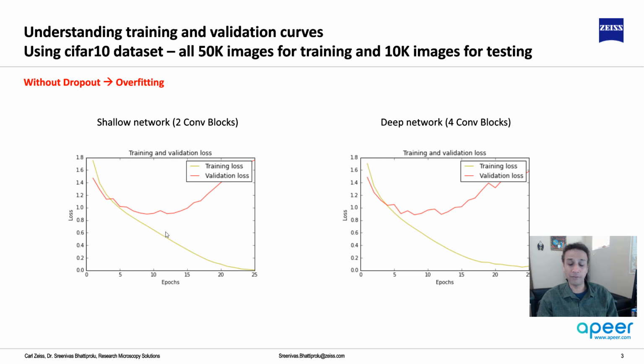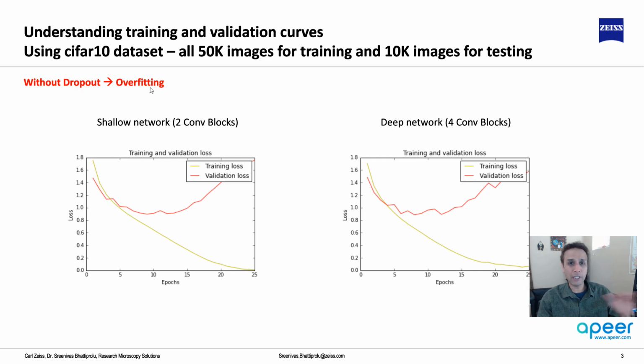Just by looking at the curve, you can tell this. On the left-hand side, for the next few slides, I'm showing you the result from a model that's not too deep. It only has 2 convolutional blocks. And on the right-hand side, we have 4 convolutional blocks, a bit deeper model. So let's see how the behavior changes between these two, and also as we change the dropout.